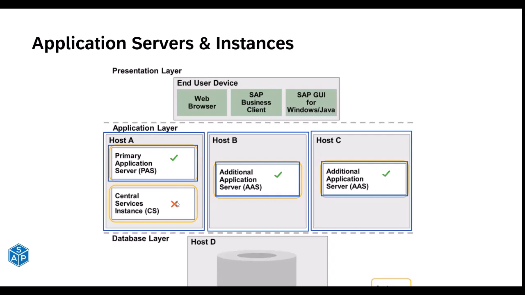So there you will put this ASCS instance in high availability clustering. In that case, even if the whole host goes down, the whole hardware, the whole VM goes down, there will be a standby VM ready to take over and start the services of this instance on the standby host.